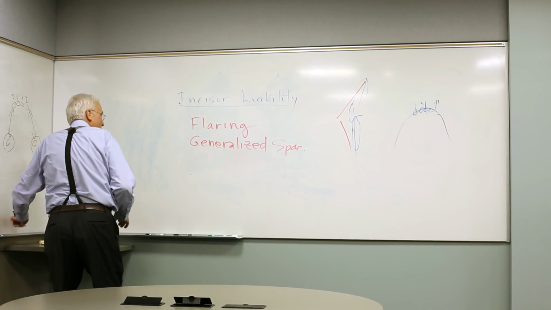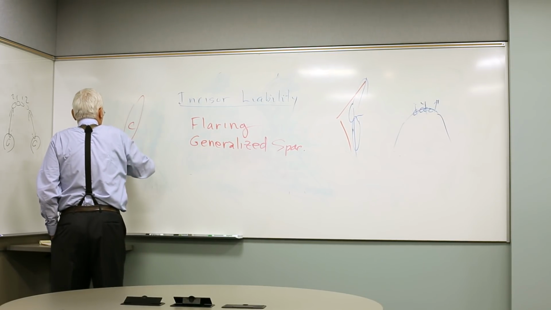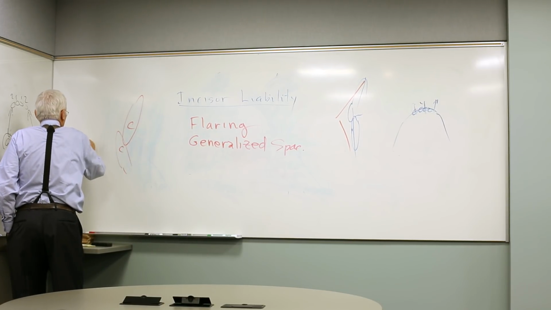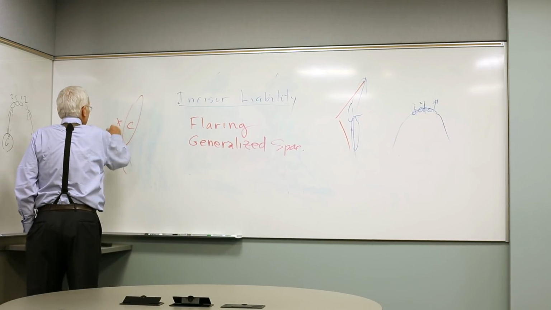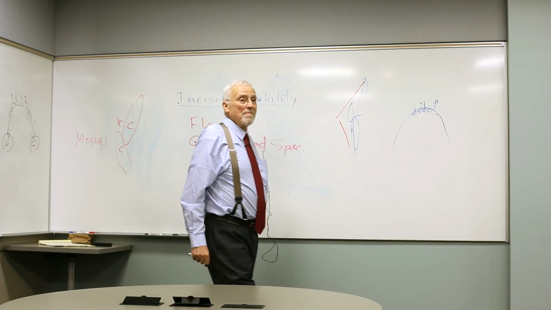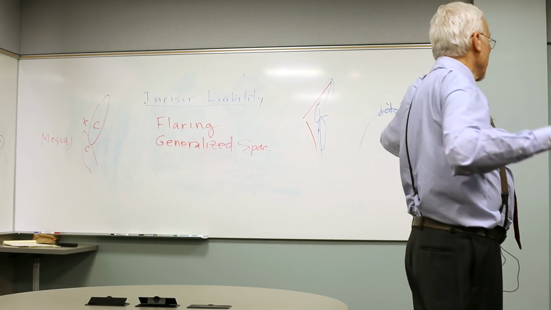If we look at, I showed you, this is, we'll say this is mesial. In the upper arch, they can use the primate space directly. They just erupt into it.